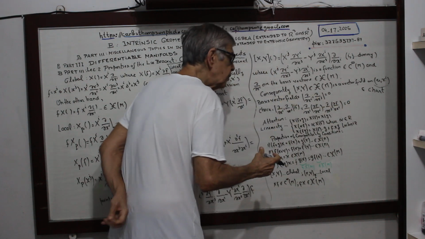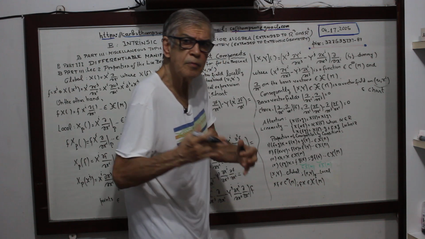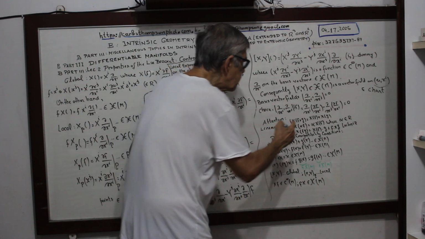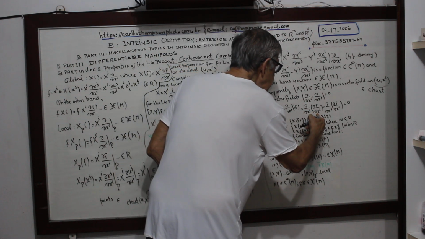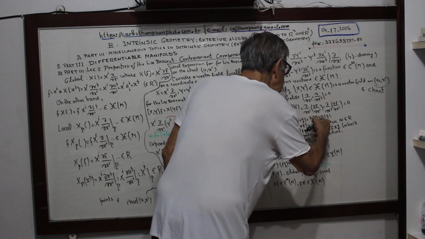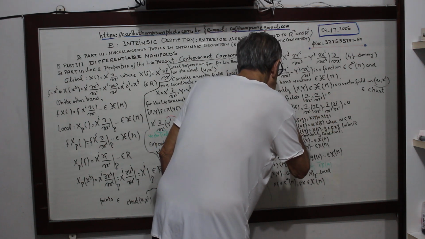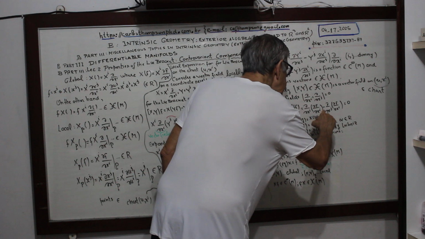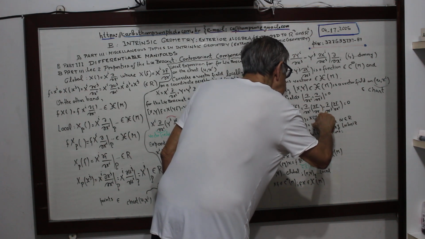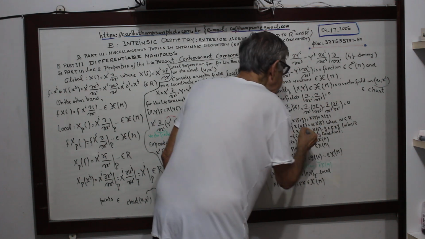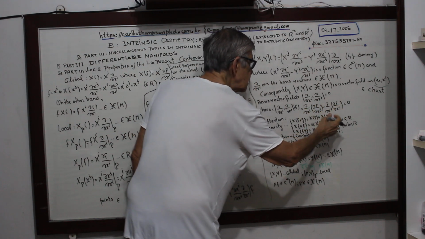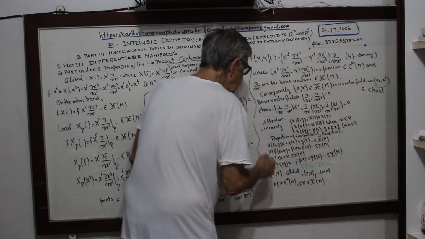So since the function is smooth, I can swap this derivative over here, and then I think this x_i partial x_j here, okay? I can swap this and this. That's why this is equal to 0.